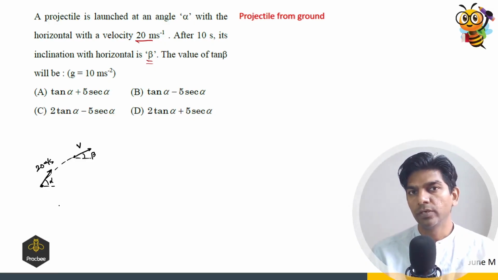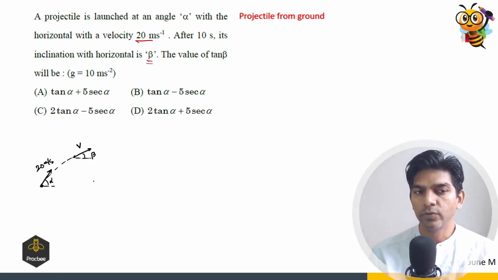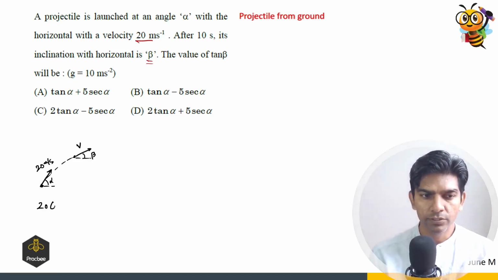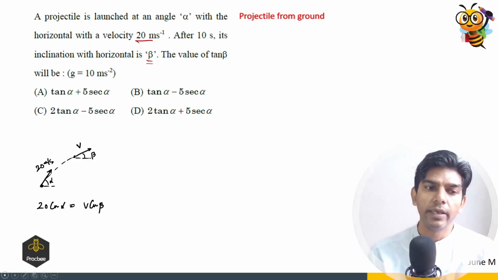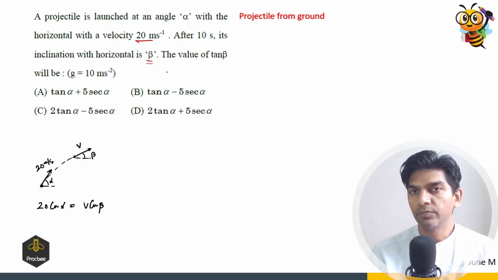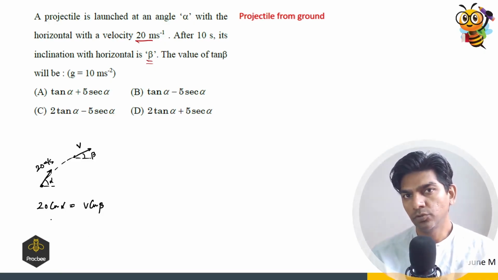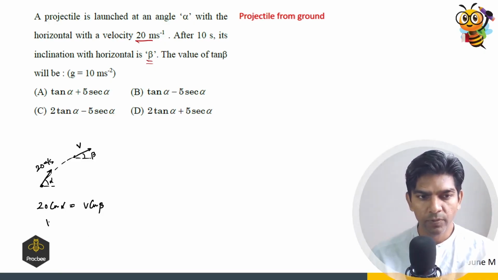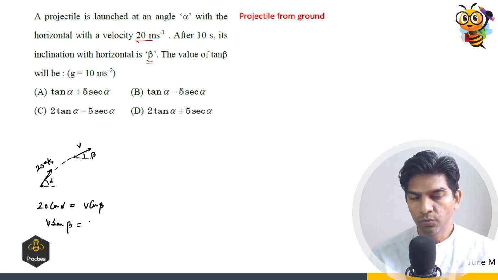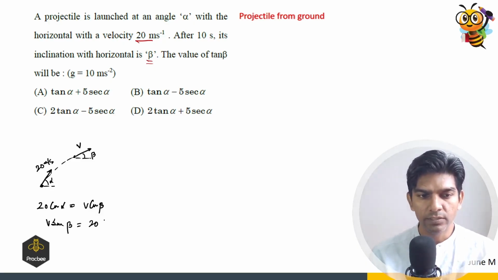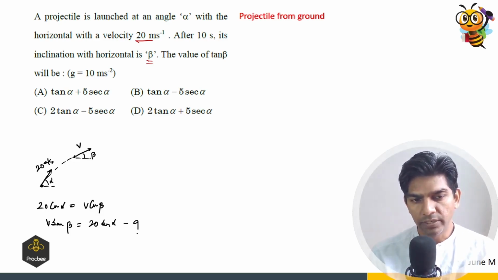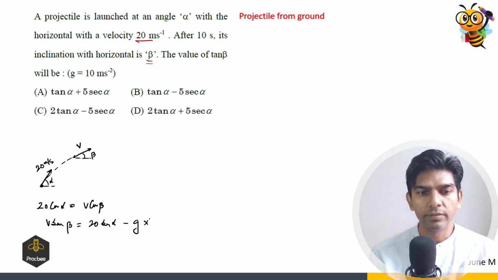First of all, we know in the horizontal direction there is no acceleration. So 20 cos alpha should equal v cos beta. And in the y direction, this happens after 10 seconds. So if you apply the equation of motion in the y direction, vy, which is v sin beta, equals uy, which is 20 sin alpha, minus gt, and t is 10 and g is also 10.